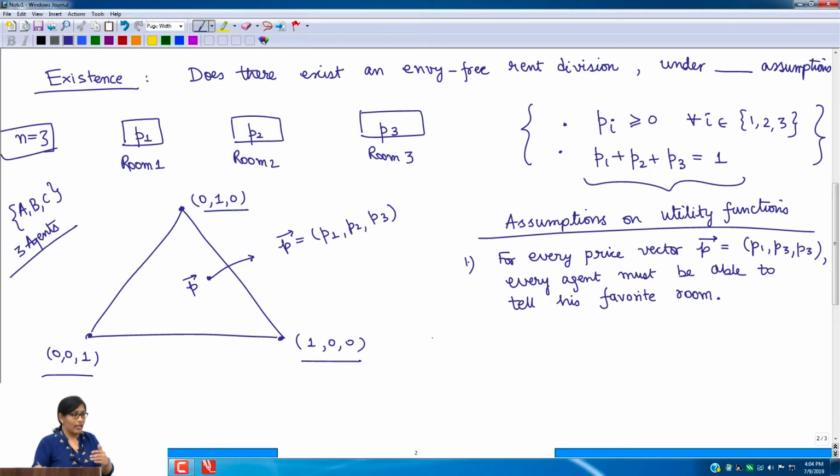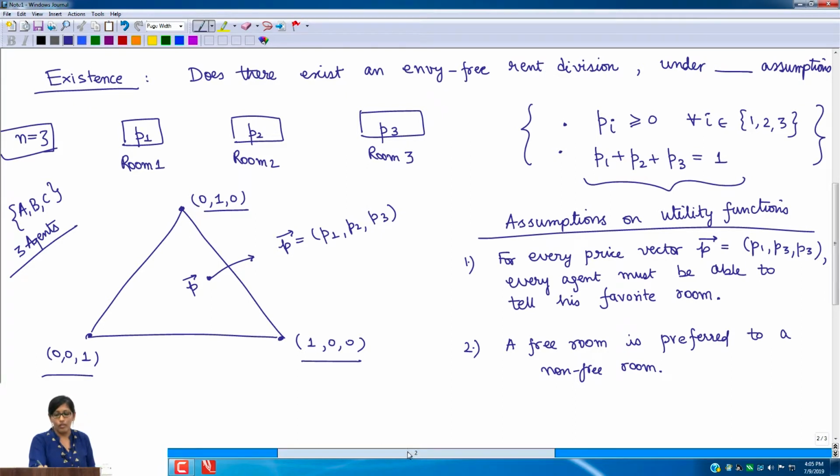This is the same thing we had yesterday, and the second assumption we will have is that a free room is preferred over a non-free room. This is similar to the hungry condition we had yesterday. Even if this might seem a little off, that's the assumption we are having right now.